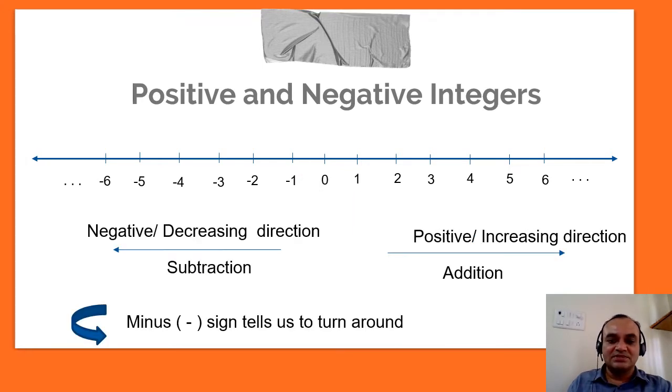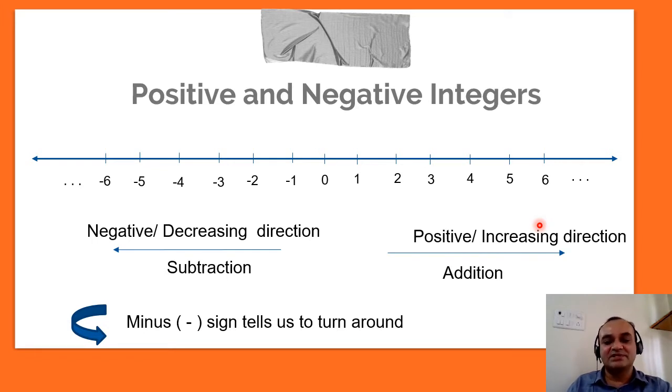So let's take a closer look. The right side is where the natural numbers are. That's the positive or increasing direction, and the left side of zero is the negative or decreasing direction. Again, one thing to note is that this is just a representation. I can draw a number line vertically, and then maybe the upward direction is the positive direction and the downward direction is the negative direction.